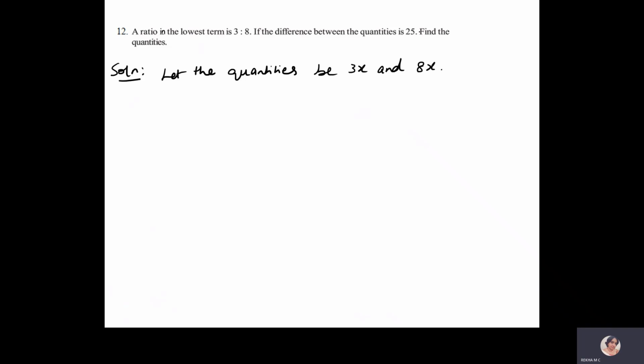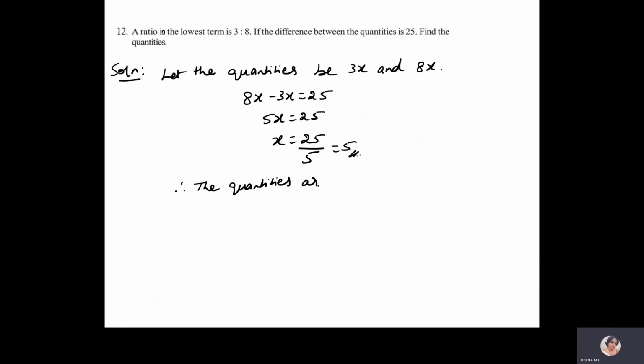If the difference between the quantities is 25, that means 8x minus 3x is equal to 25, 5x is equal to 25, x is equal to 25/5, that is equal to 5. So therefore, the quantities are 3 into 5, 15, and 8 into 5, that is 40. This can be asked for 2 marks.